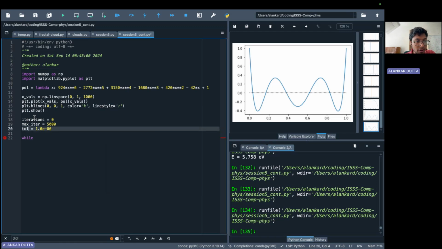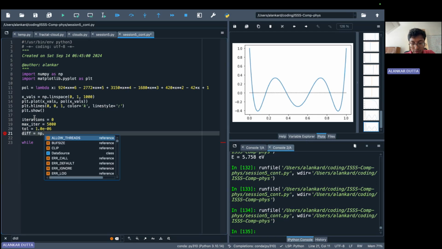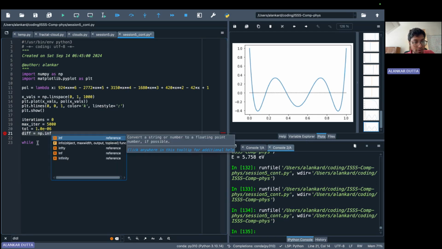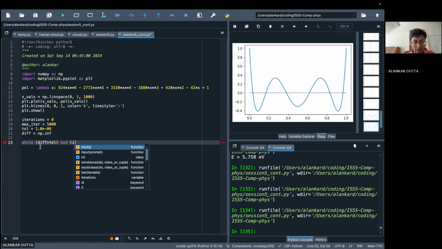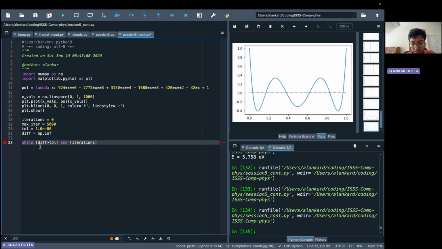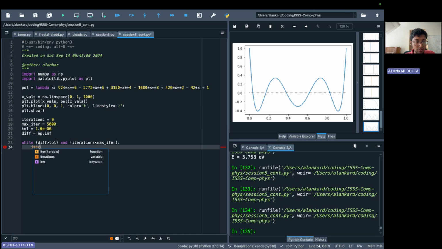We have a difference, diff, equal to np.inf, which is infinite. Now we do while diff is greater than tolerance and iterations is less than max iter. And in here we do iterations plus equals 1.